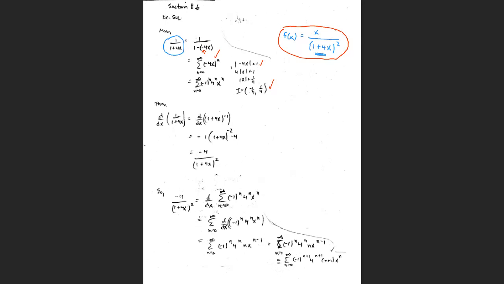That just means that your interval of convergence will be between negative 1/4 and 1/4. Negative 4x to the nth power is just negative 1 times 4 times x to the nth power. That's negative 1 to the nth times 4 to the nth times x to the nth. That's what I get here. Please let me know if you have any questions.